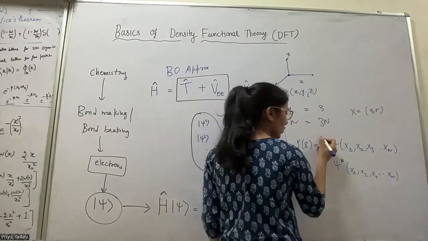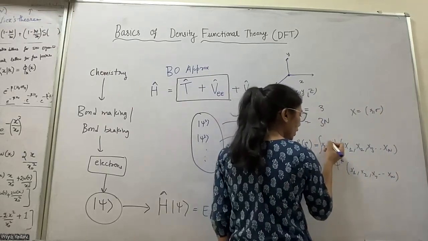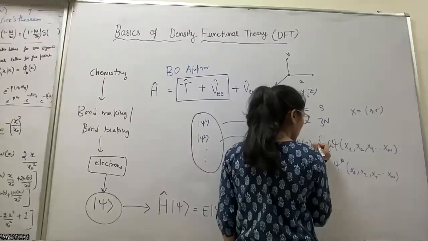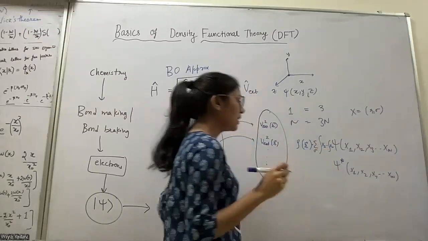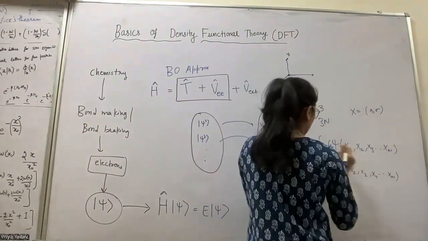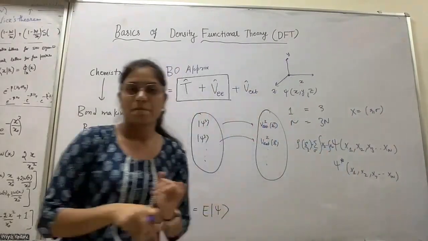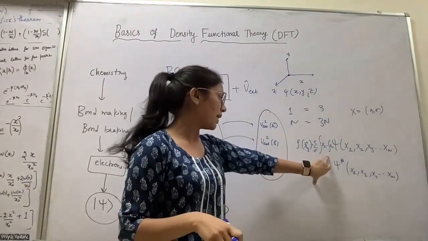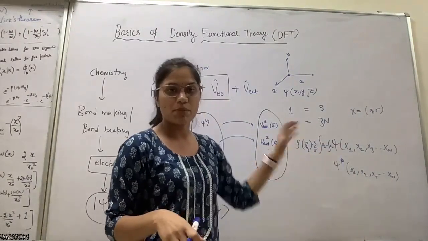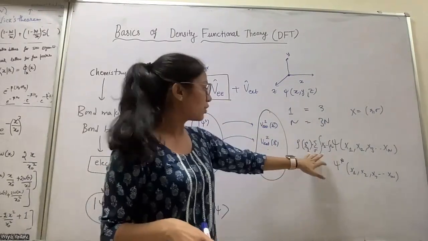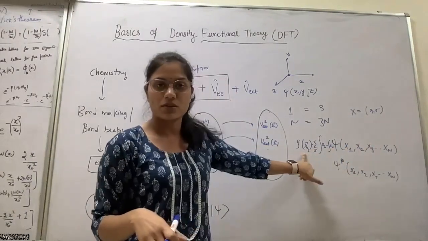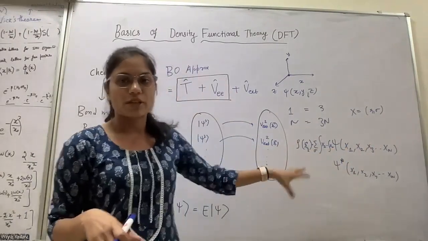If I integrate it over x2 to xn and then sum over all sigma, I'll be left with just r, this is r1. The information is still in the electron density, but I am integrating with respect to all other coordinates and am left with just this one. This is known as the reduced density, and that's what we use.